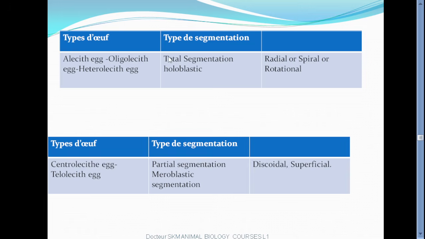In this case, the totality of the egg will divide into 2, 4, 8, etc. So all the volume of the egg divides in 2 or in 4 or in 8, etc. That's why we call it total segmentation or holoblastic segmentation.